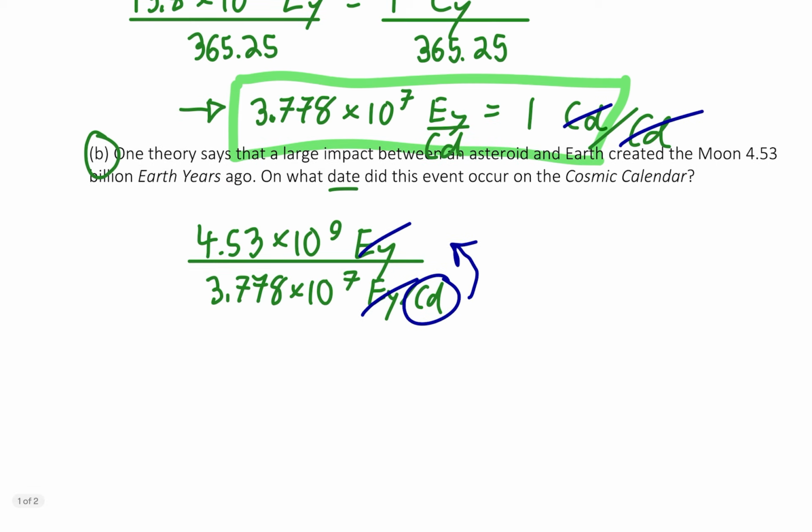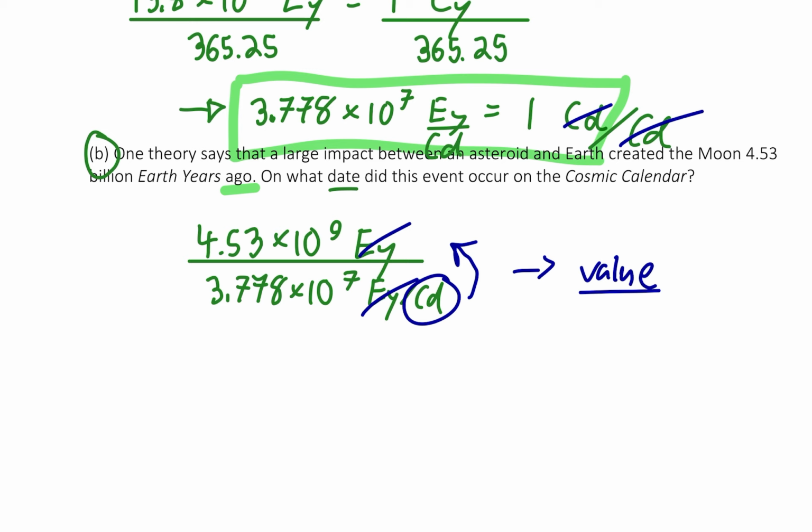My main point is that once you have that value, which we'll just say here, so we find the value. I don't want to give it away, but once you have it, in this case, you don't count those days from January 1st because you're going back in time. We're talking about an event that happened 4.5 billion years ago, right? That's the key difference. So instead, you need to count backwards from December 31st.